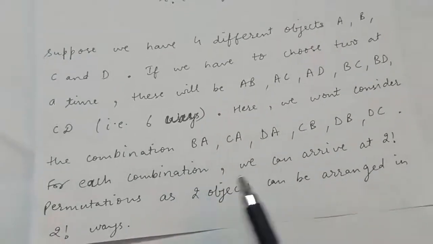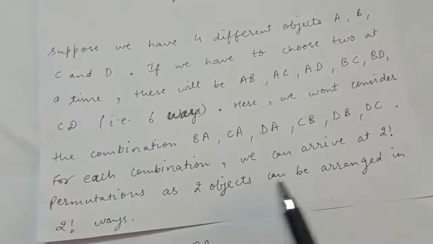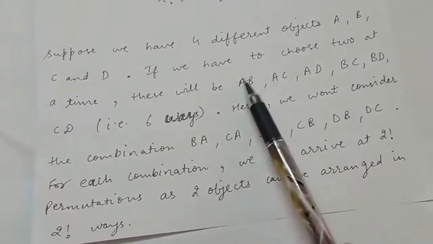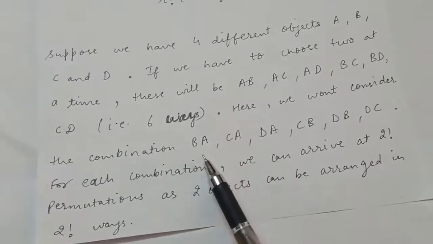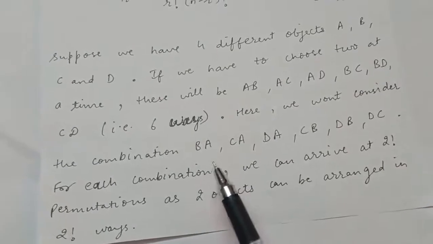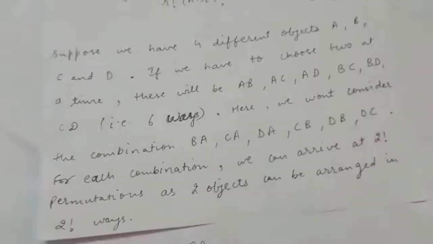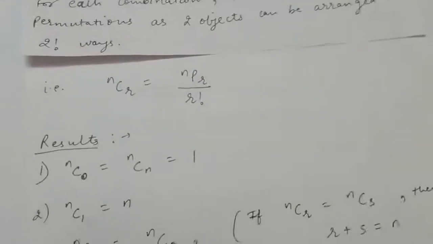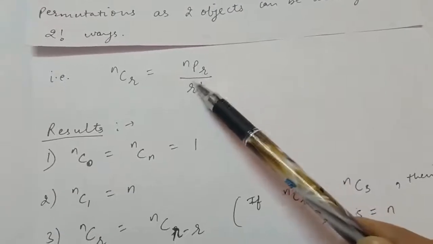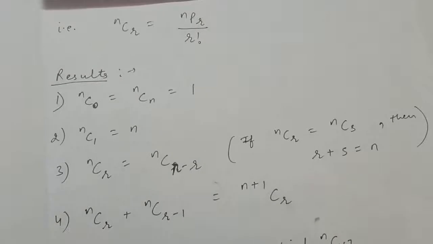So for each combination, we get 2 factorial permutations, as two objects can be arranged in 2 factorial ways, but these two arrangements give the same combination. Therefore, to find the combination, we divide the formula of permutation by R factorial. Clear?